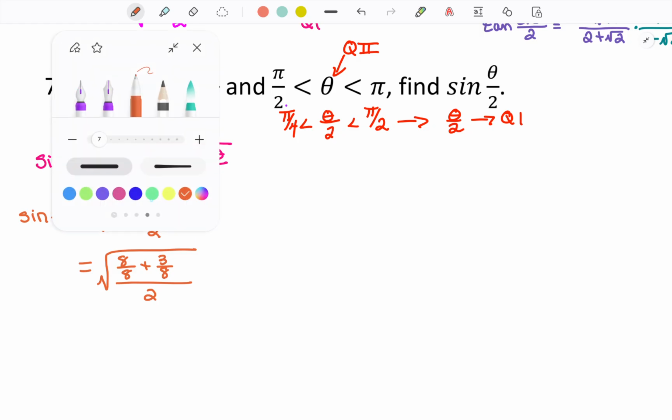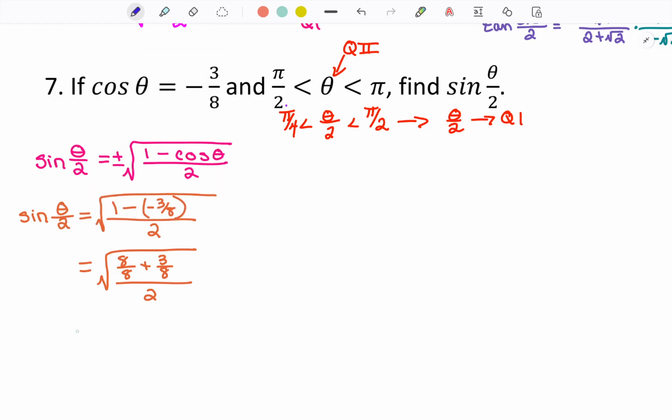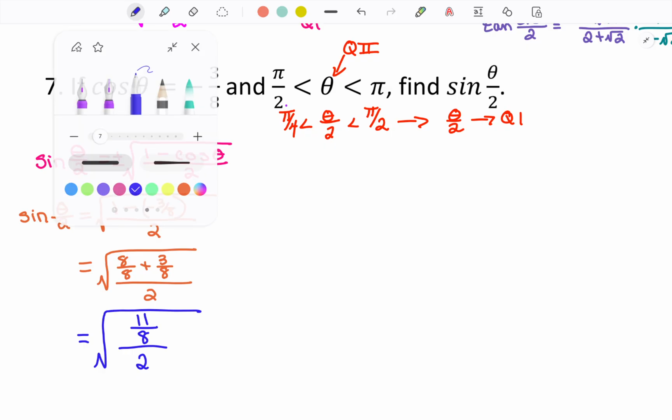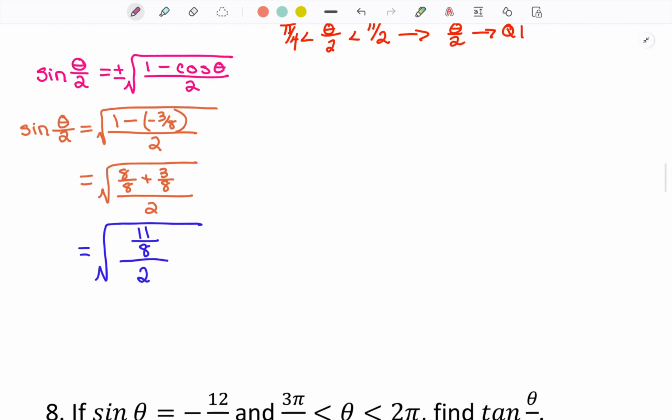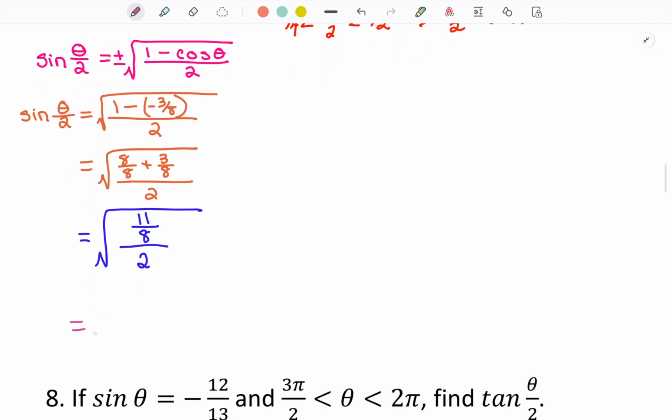And then we will add our fractions together. So we have 11 over 8, then over 2. And we have to flip and multiply. So 11 over 8 times 1 over 2.